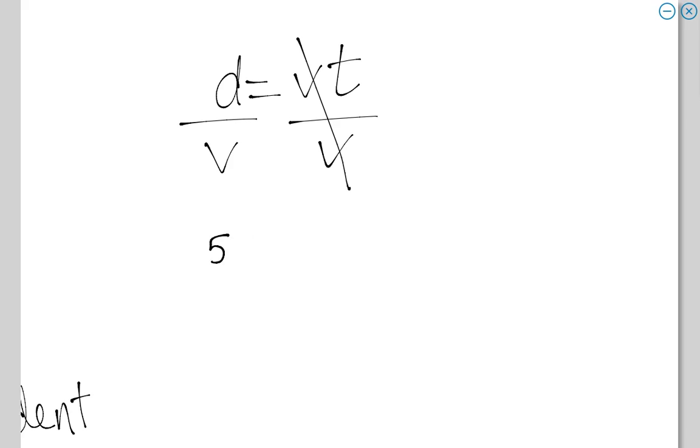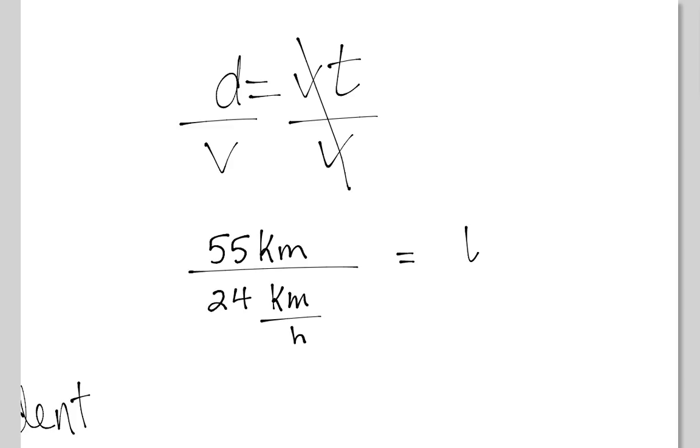So she travels 55 kilometers, and her speed is 24 kilometers per hour. So you just do 55 divided by 24. You get roughly 2.3.